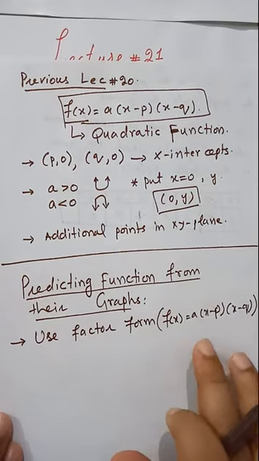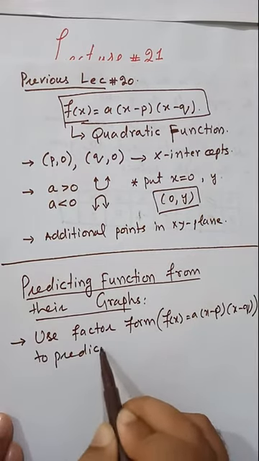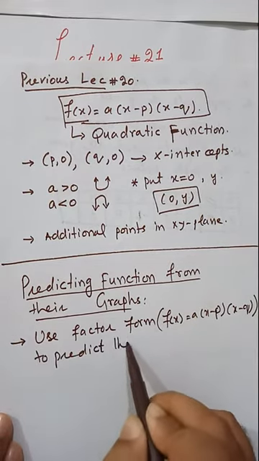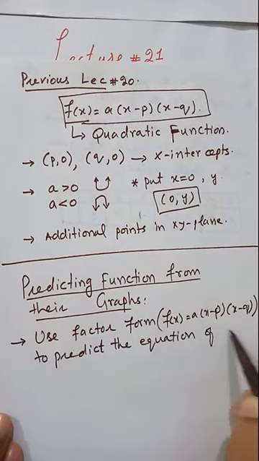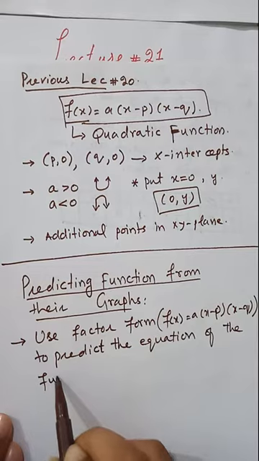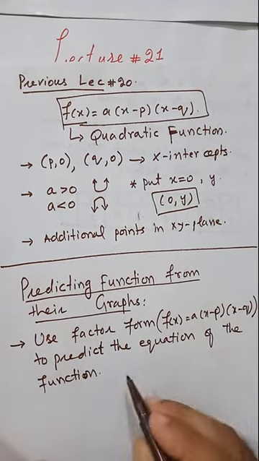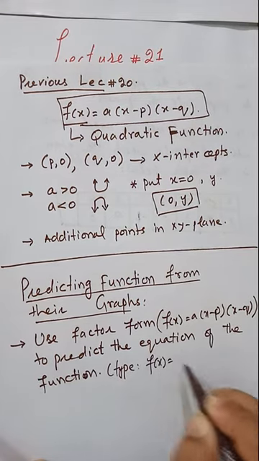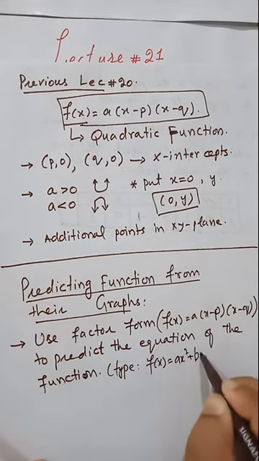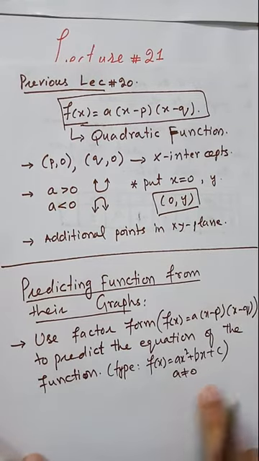So we will use this factor form to predict the equation of the function, and that must be of the type f of x is equal to a x square plus b x plus c, meaning that must be the general form of the quadratic function.